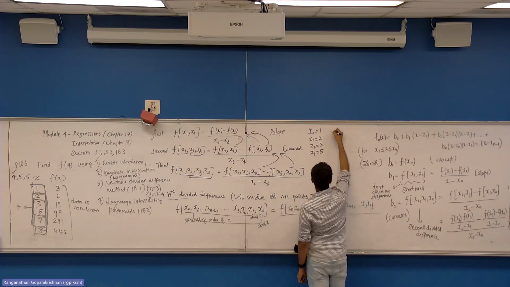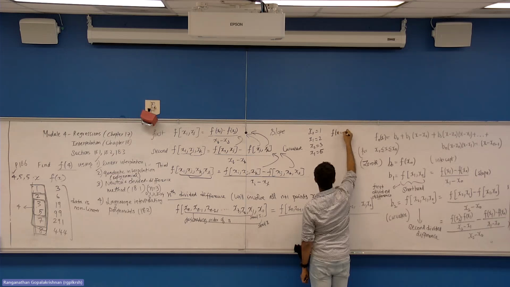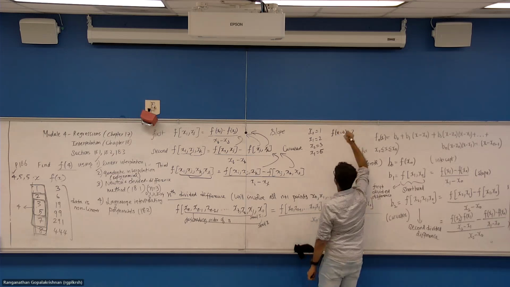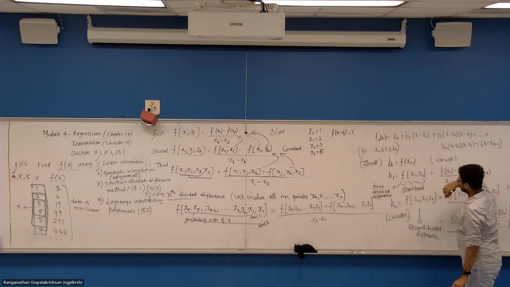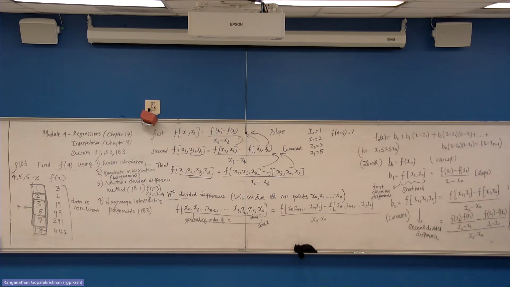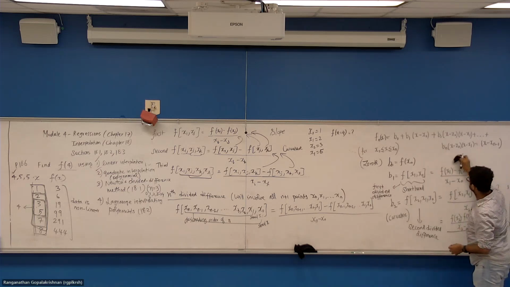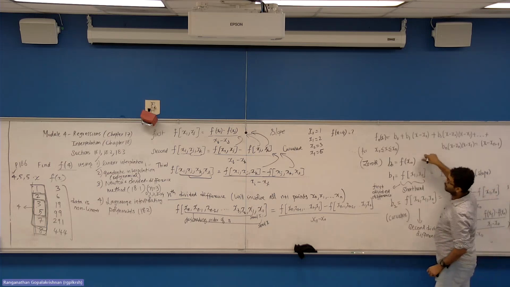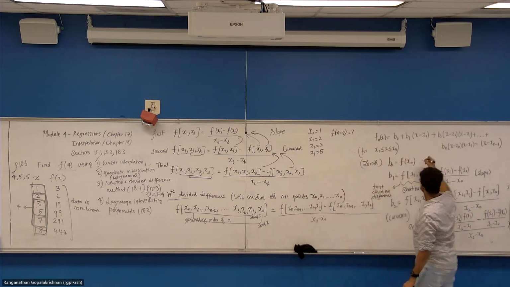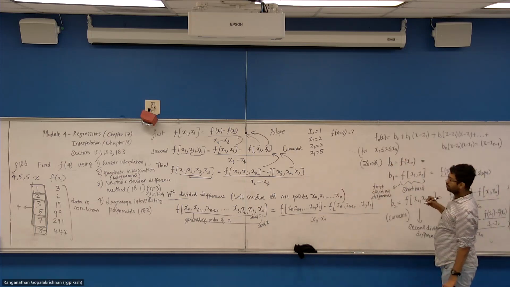We are interested in f of x at x equal to 4. That's what we are trying to compute. So what is b naught, which is f of x naught? What is f of x naught? 3, from the table.